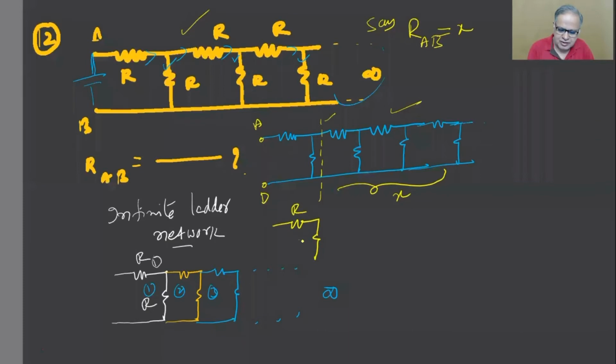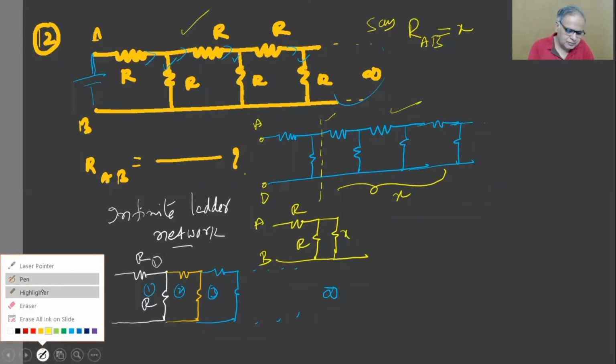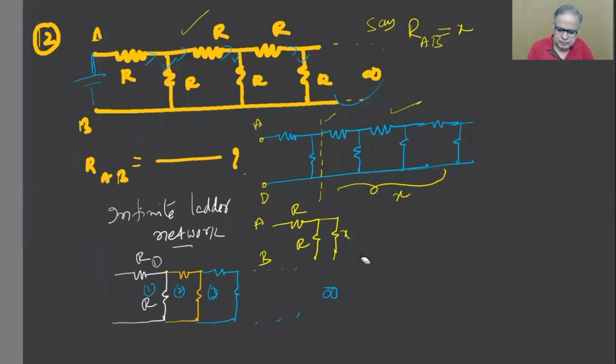Therefore, I'll do it like this. This is R, this is R, whole thing is X between A and B. Now, this circuit will be rewritten as R. These two are in parallel: Rx by R plus X between A and B. But resistance of this should be once again equivalent to what?